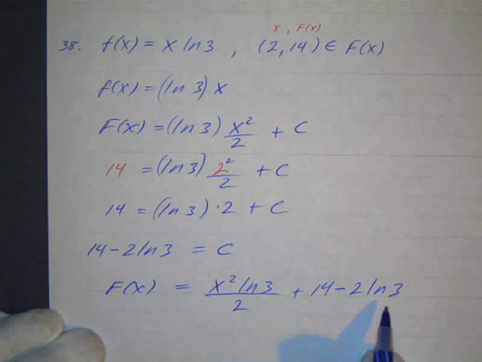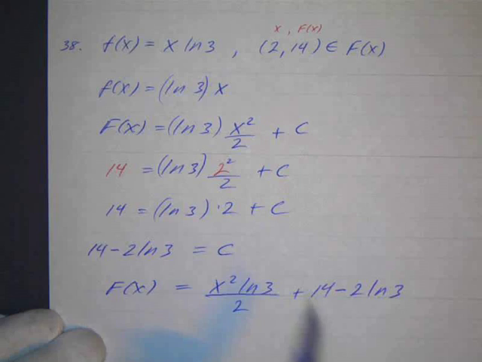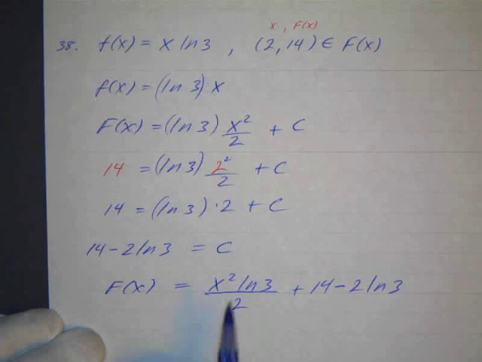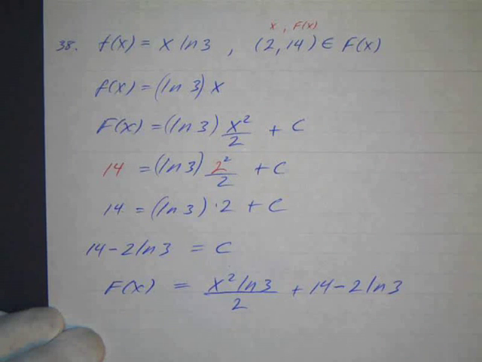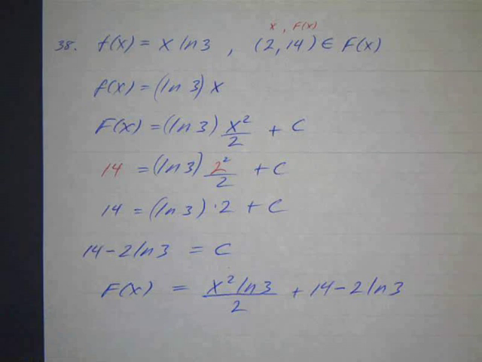That's your c. And there's your antiderivative. And I just put the variable in front, so we'd have to use the parentheses. Okay? So that's 38. Hope those all make sense.